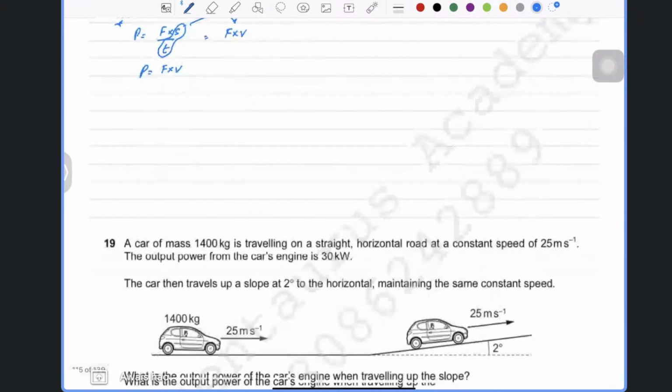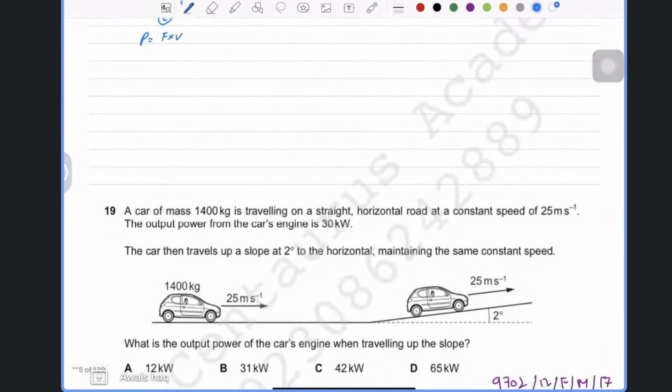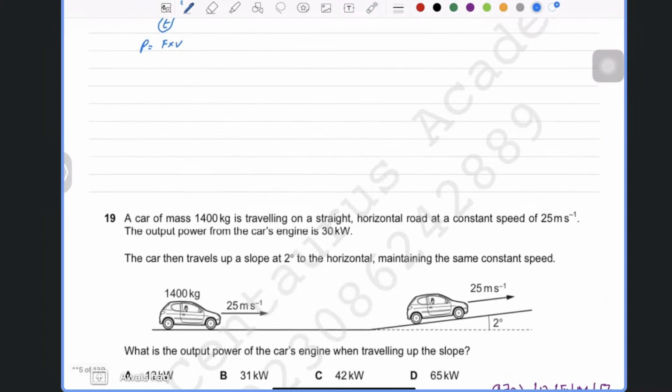Keeping that in mind, we're looking at this question: a car of mass 1400 kg is traveling on a straight horizontal road at constant speed, and the output power of the car is 30 kilowatts. The car then travels up a slope at 12 degrees, maintaining the same constant speed. What is the output power now? When something moves at constant speed, whatever force it is putting in, there is an equal resistance force, so they are balanced.